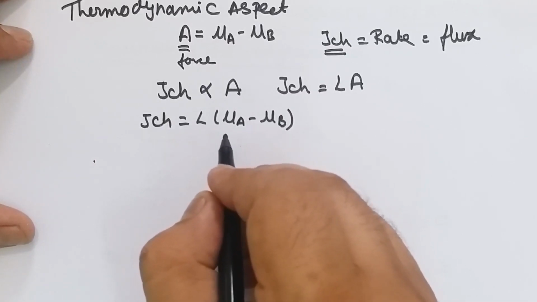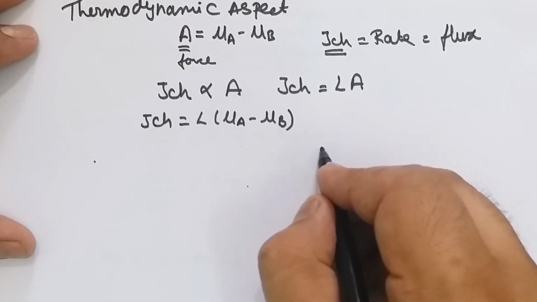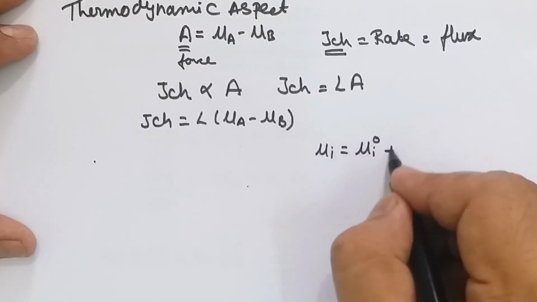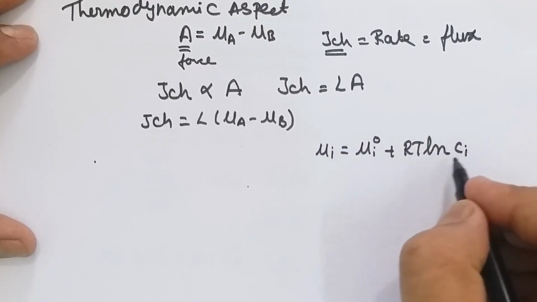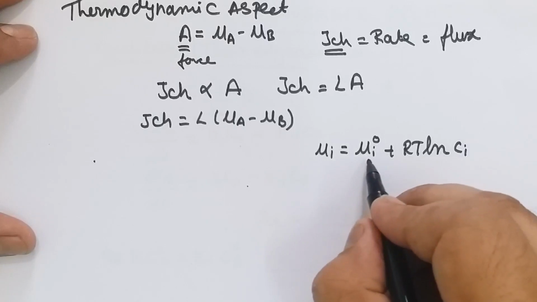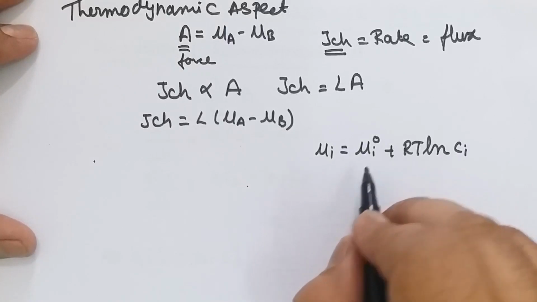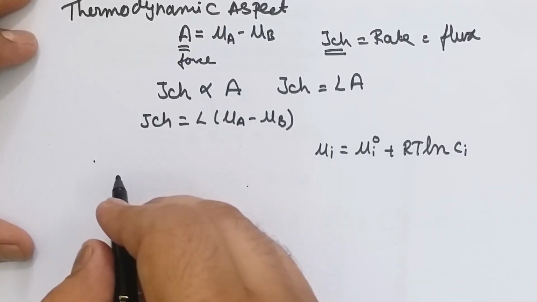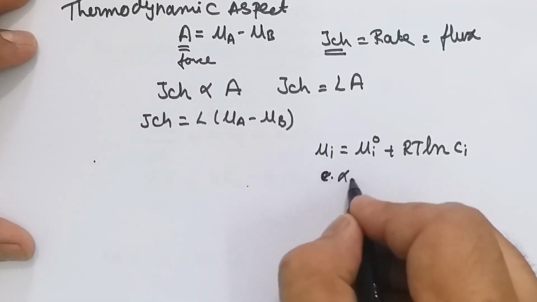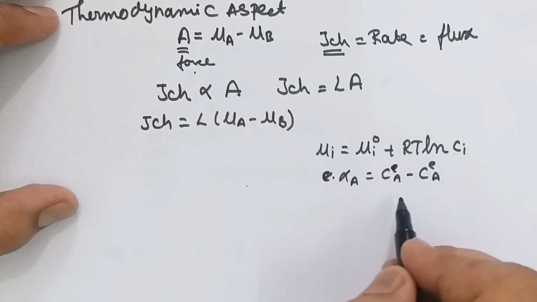Okay, so chemical potential, we know that for a particular system at constant temperature and pressure, mu i is given as mu i 0 plus RT ln Ci or RT ln Xi, where Ci is the concentration and mu i 0 is the chemical potential in its standard state. Okay, so over here for the concentration of A and B, we have written that alpha A was equal to Ca minus CeA.